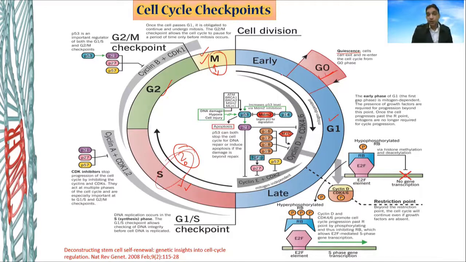So you can consider yourself alive if you are here. All the cells you are carrying, if they are in this phase, that means you are alive. And in this phase, the other side of the cell cycle, the cells are not doing the things they are supposed to do. So we are dead as far as this portion is concerned.